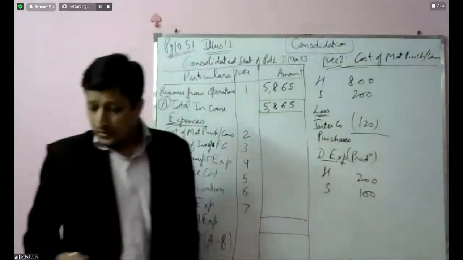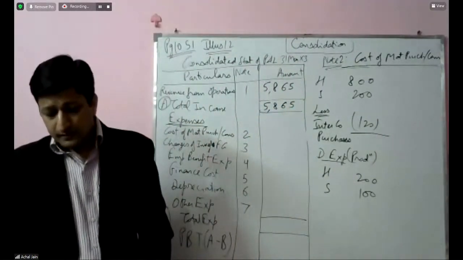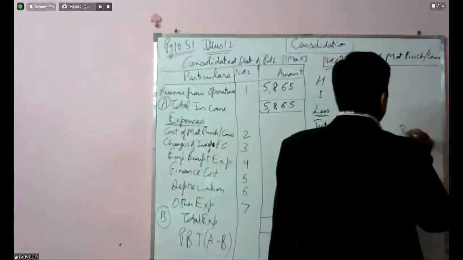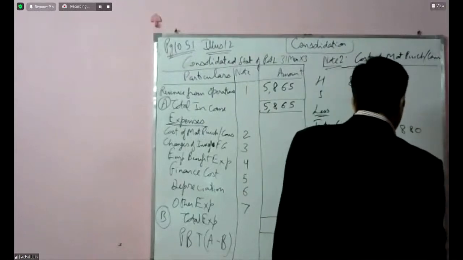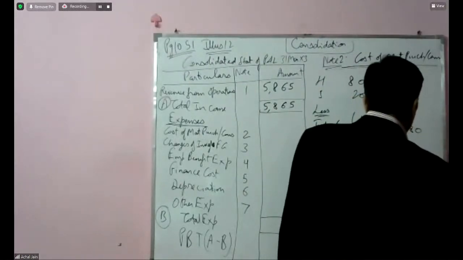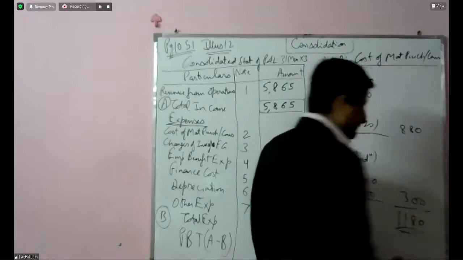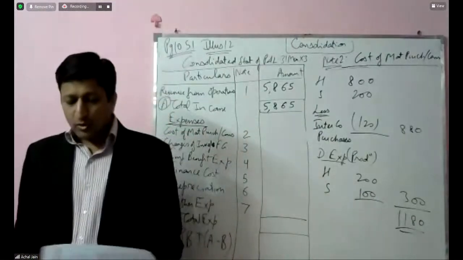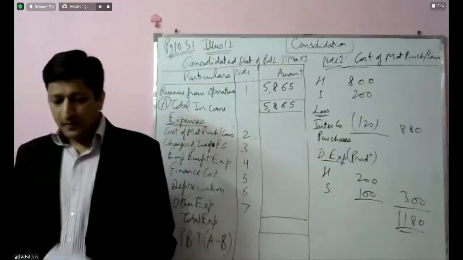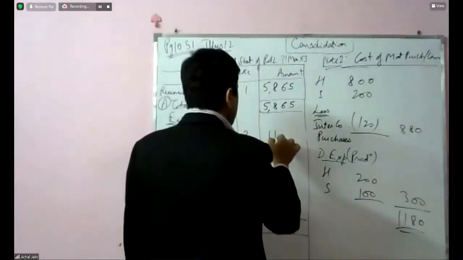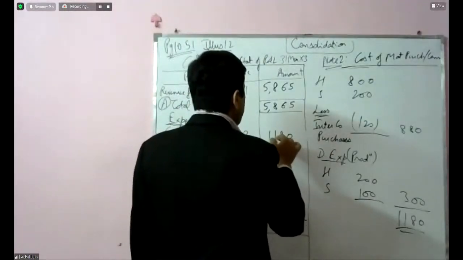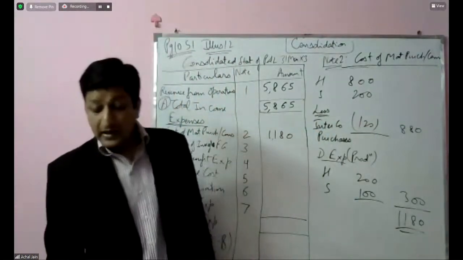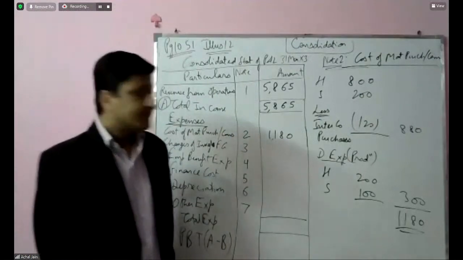So if you look at these two numbers, this becomes 880 and this becomes 300. So we have 1180. So this 1180 will go to the P&L. So we can close this adjustment also. This is 11. And so our second component in the P&L is also closed.